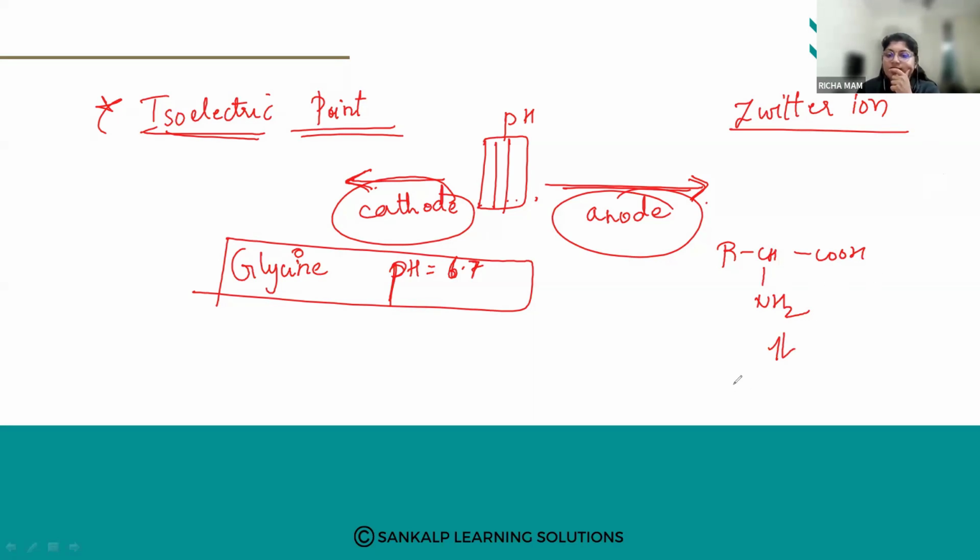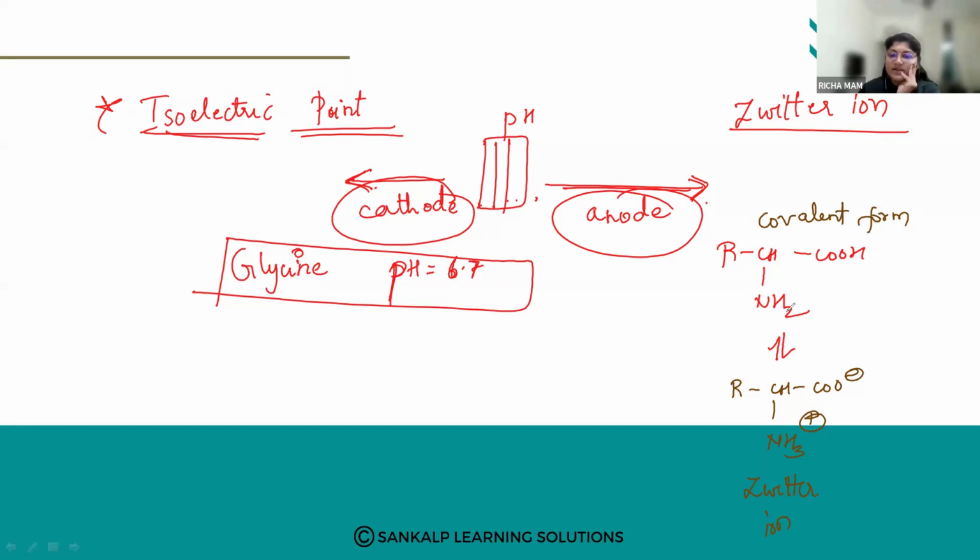This hydrogen can be removed and it can form NH3 plus. This is the covalent form, and this is called its Zwitter form, or Zwitter ion form.